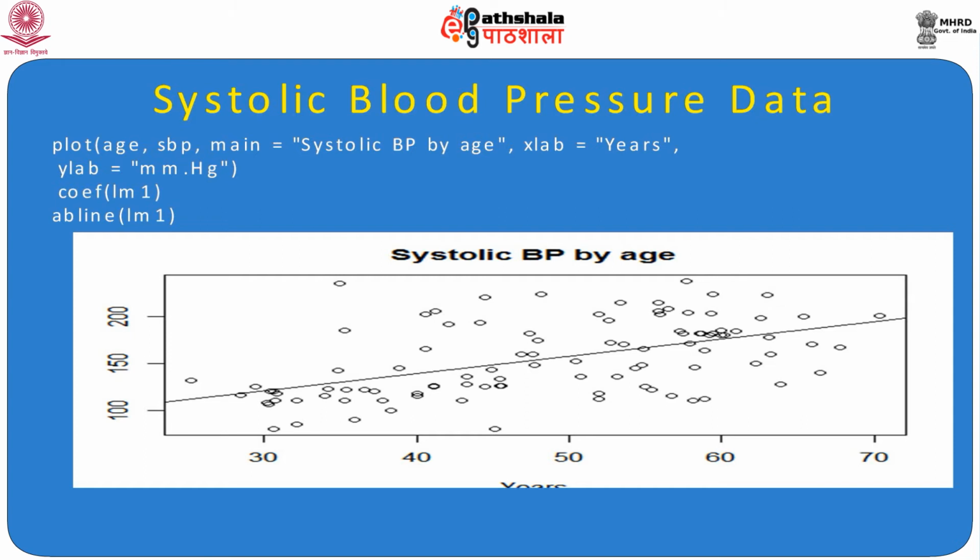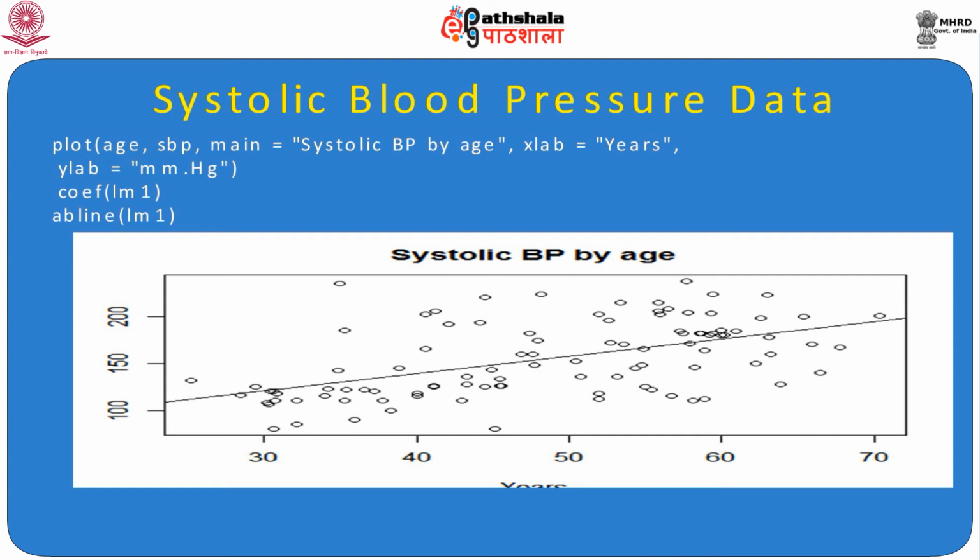This plot shows the scatter diagram between age and systolic blood pressure. The y-axis shows the systolic blood pressure and the x-axis shows the age in years. It shows that a positive trend is observed. Those in the high age group have high systolic blood pressures, and this line has been obtained by the abline of LM1, which comes from the linear modeling that we have seen.